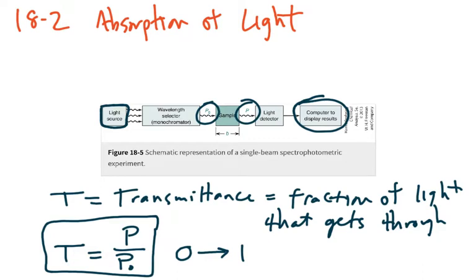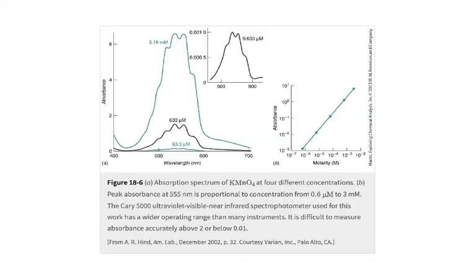Now, as you've seen before, T is not the easiest property to work with.